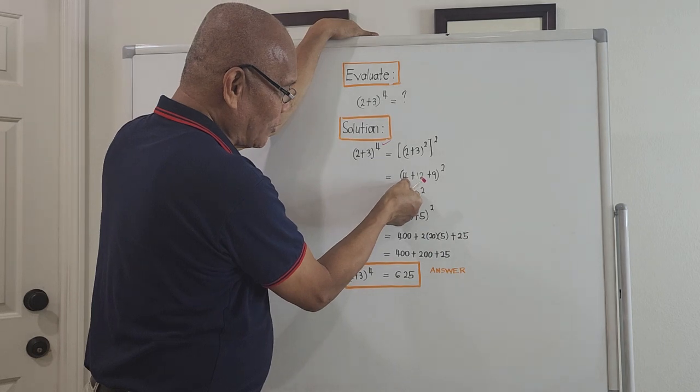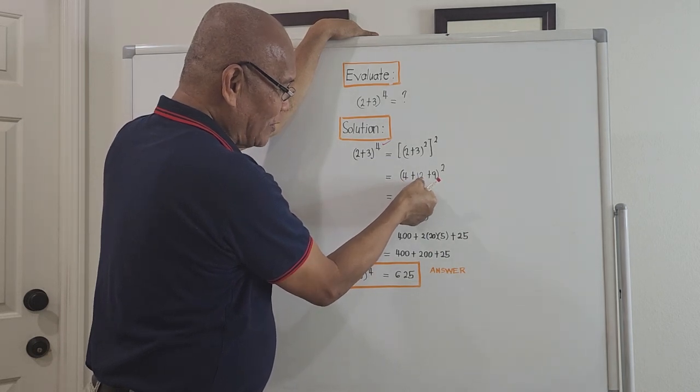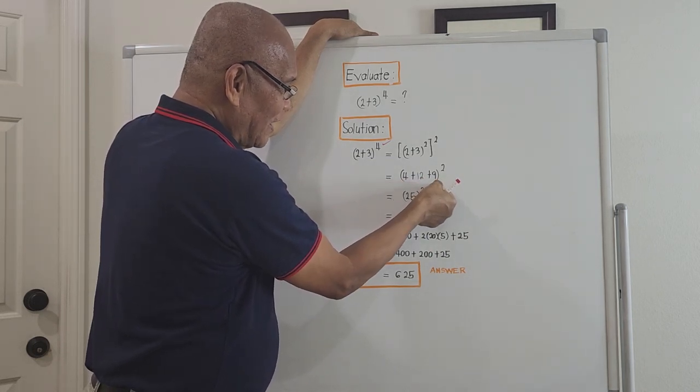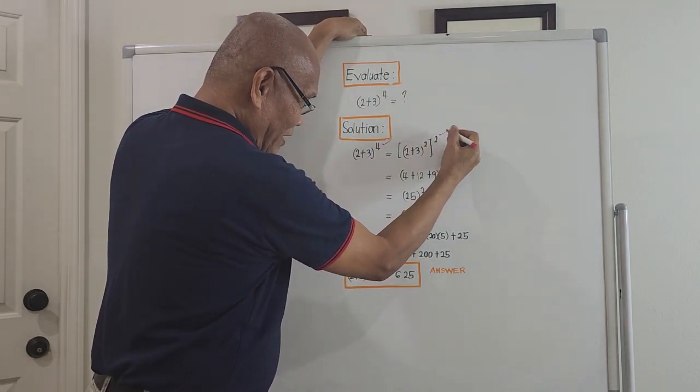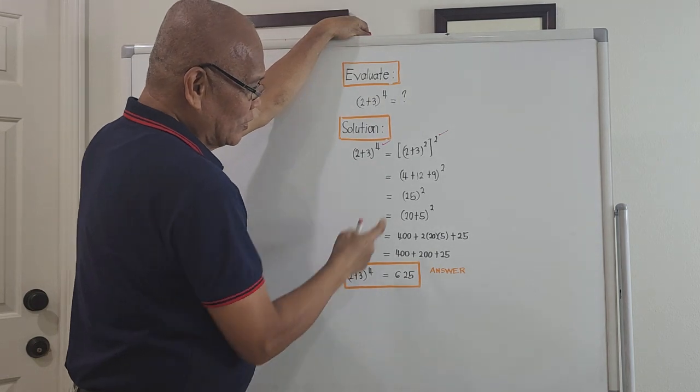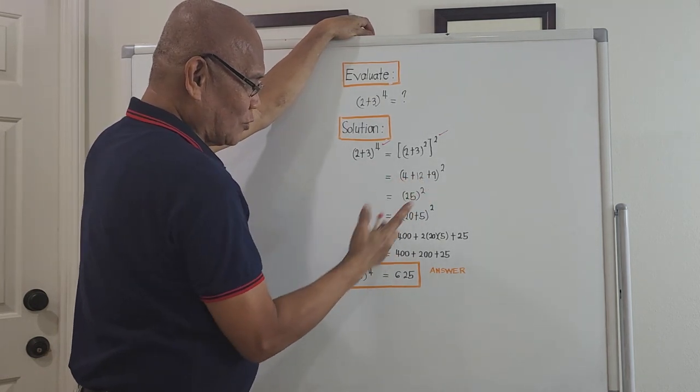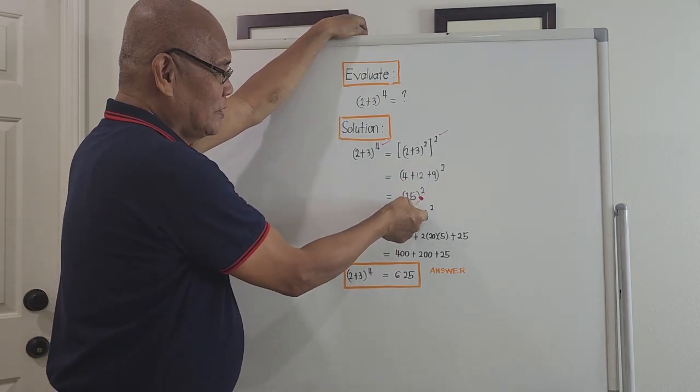So this is actually (4 + 12 + 9), again raised to the second power. That's the time I will be using this one. So 4 + 12 + 9 is actually 25.